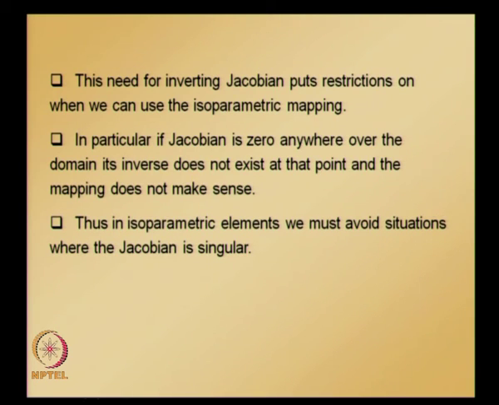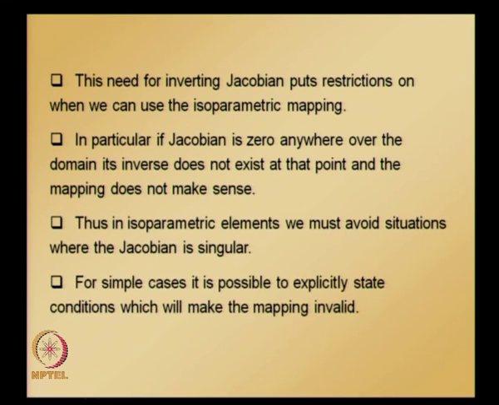It is not always necessary to avoid it, but there are specific cases where we require the singularity, and we will use this property to our advantage when we solve such problems. For regular problems where singularity is not required, we will try to avoid singularity in the Jacobian.